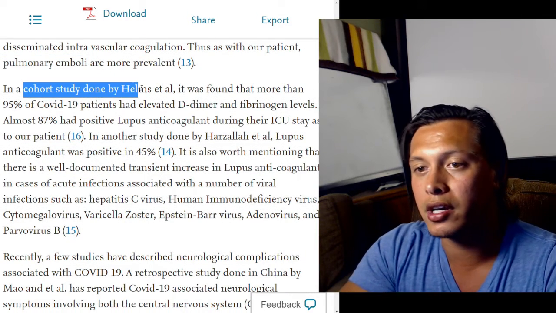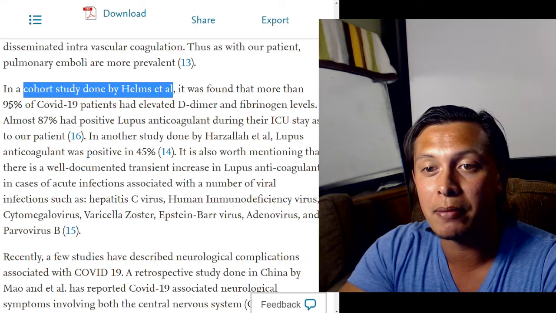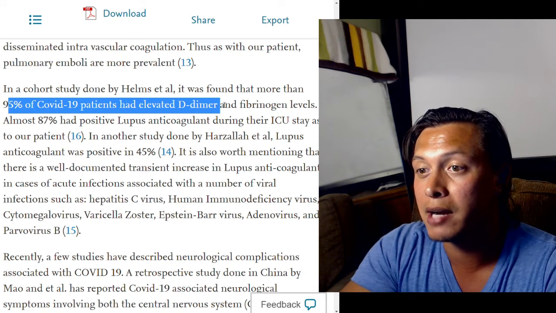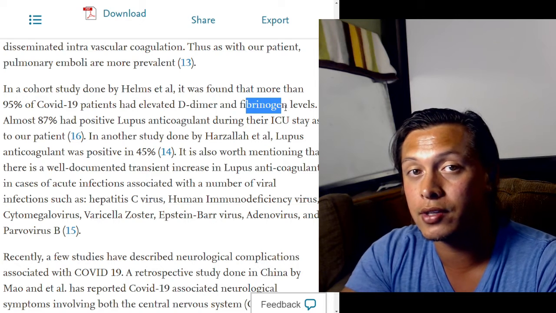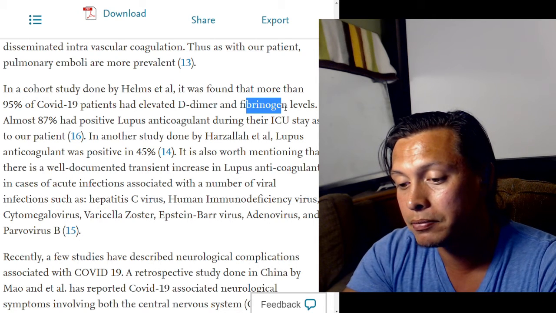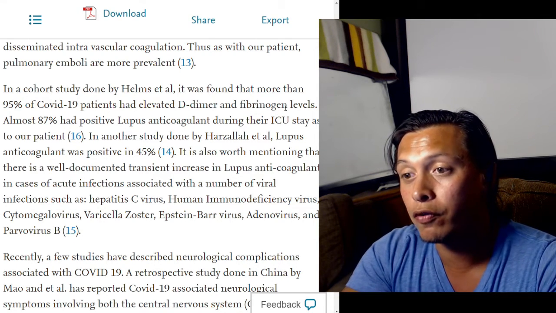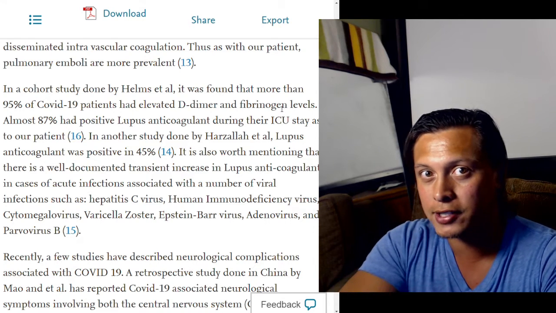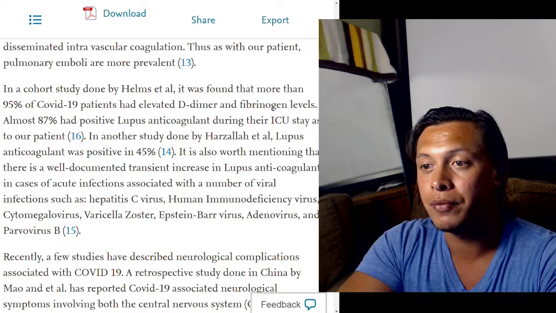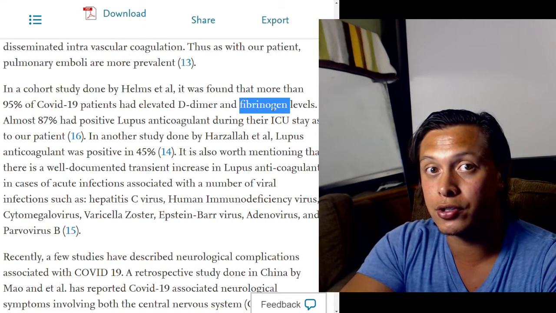Anyways, in a cohort study by these people, it was found that more than 95% of COVID-19 patients had elevated D-dimer levels and fibrinogen levels. Fibrin is the protein that creates the blood clots. Fibrinogen is the precursor to fibrin.